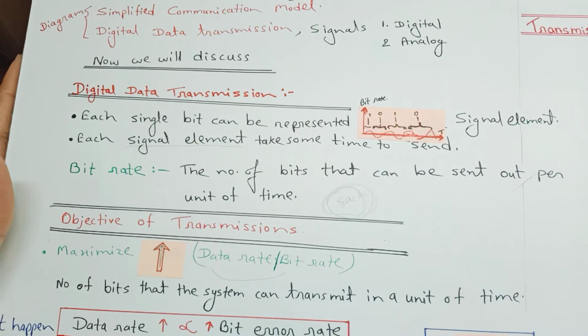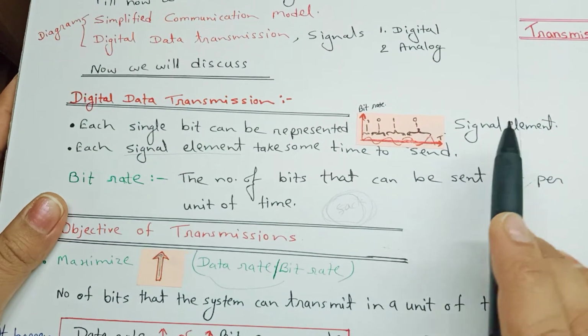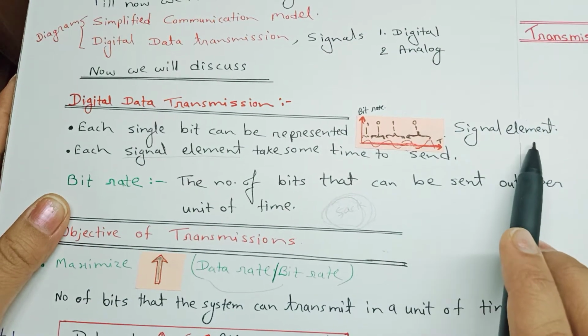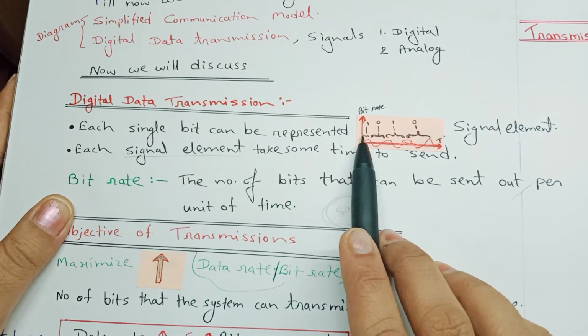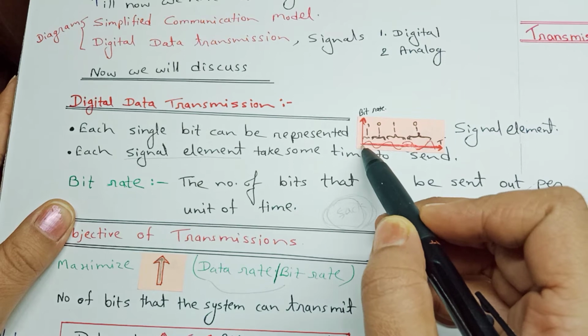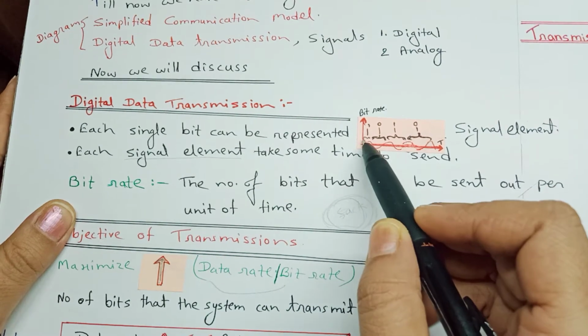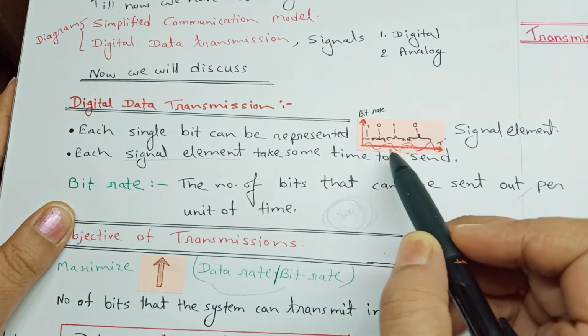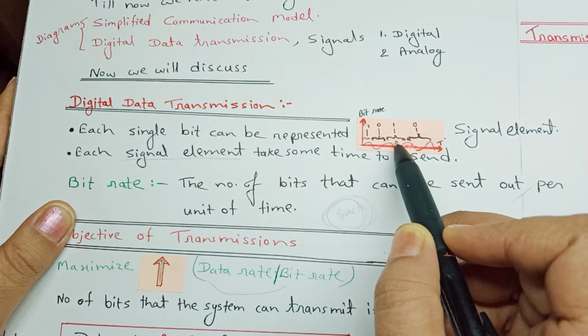Each signal bit can be represented as a signal element. This is a signal element. A wave which starts from here and goes to this point is a unit, a signal element.